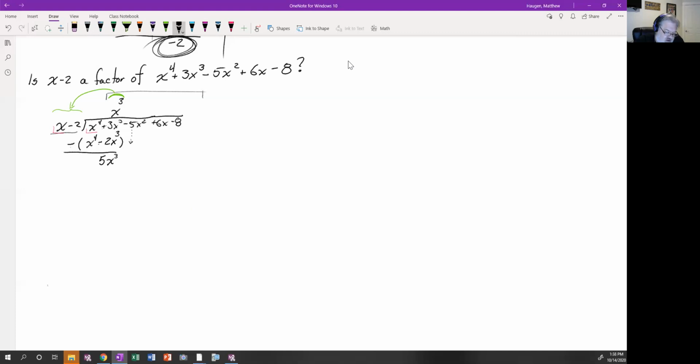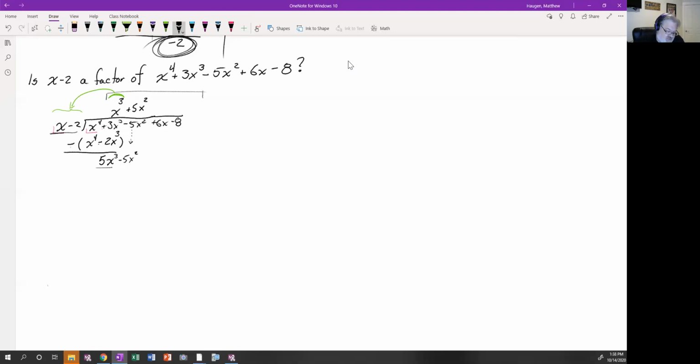But then we bring down the next one, -5x squared, and continue. What do we have to multiply by x to get our 5x to the third? Well, we'd certainly need a 5, and we would need an x squared. And notice it automatically kind of lines itself up.